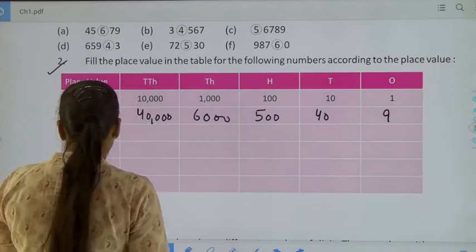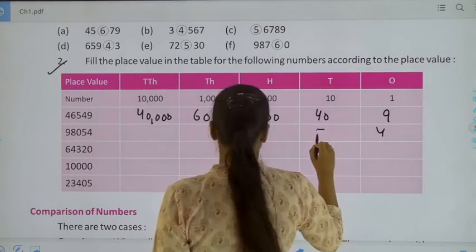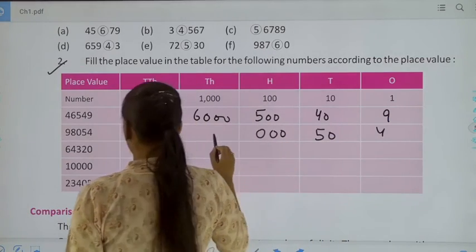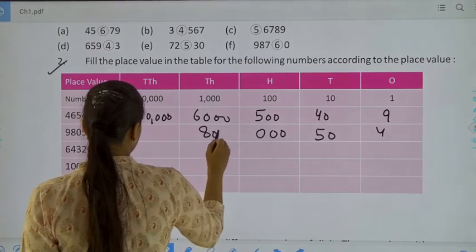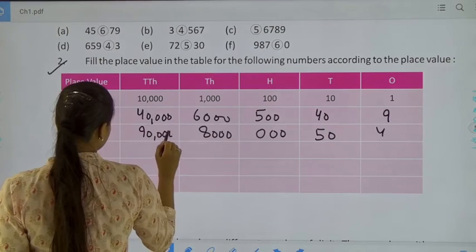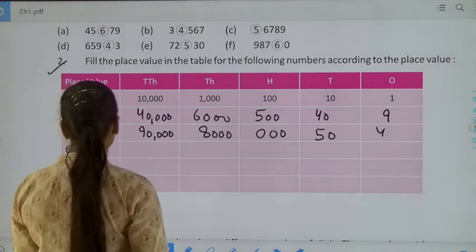Okay, next: ones, tens, 100, 1000, and 10,000. That is 98,054. Now move to the next.